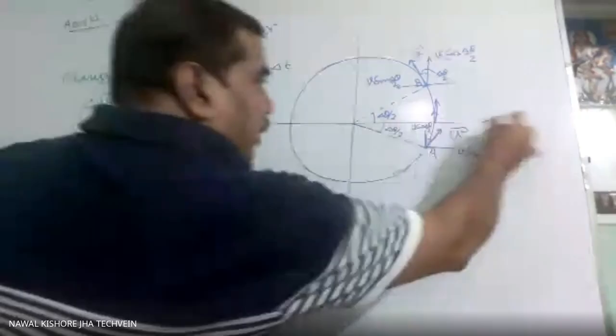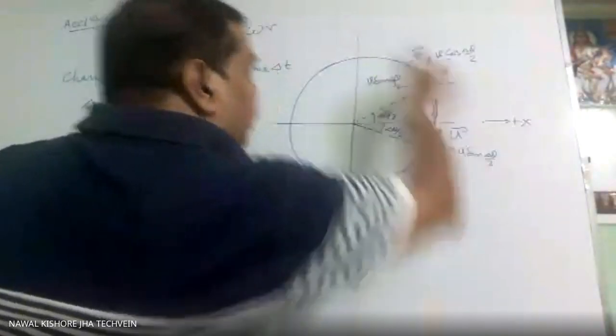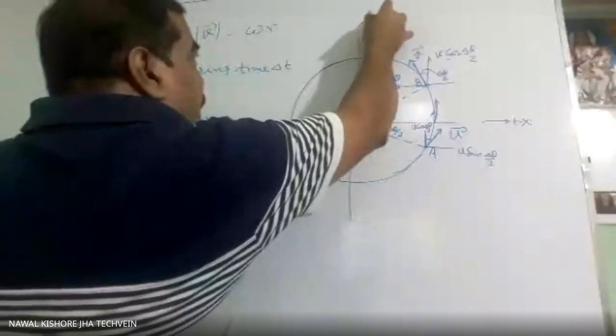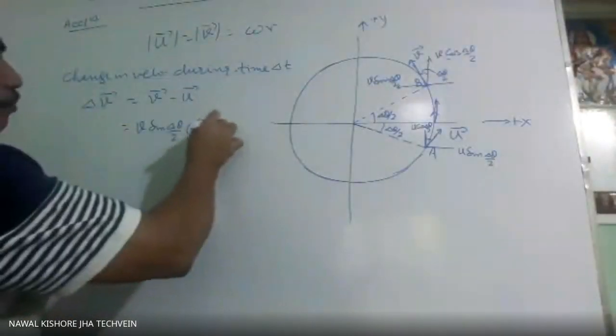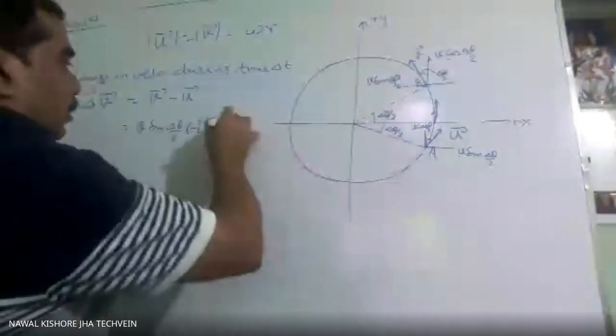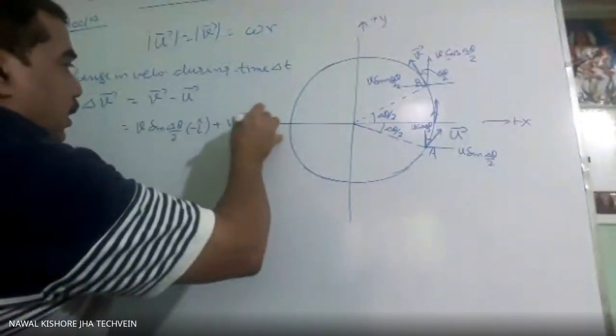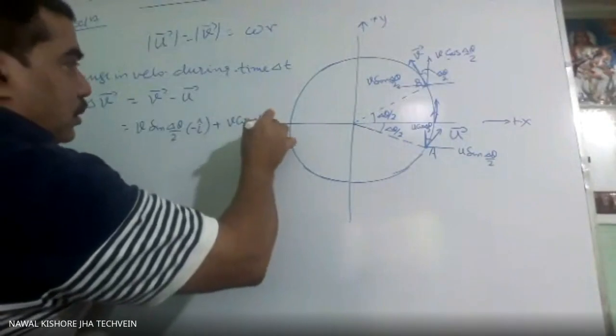If you take this one as positive x and this one as positive y, plus v cos delta theta by 2 j.